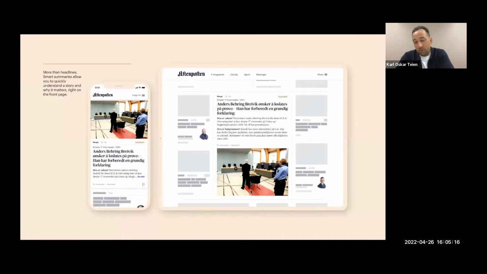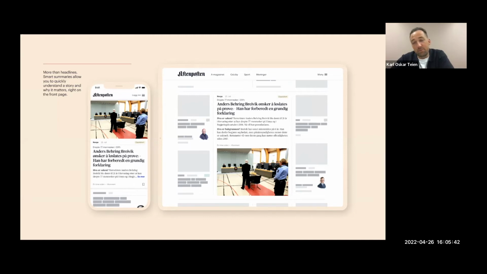We also introduced this concept, like I mentioned, a brief summary of what's the story, what's the background, and why is it important, so that you can get value out of the front page right there. You don't necessarily need to click into the article, because what we're offering here is a valuable service that is worth visiting in and of itself.